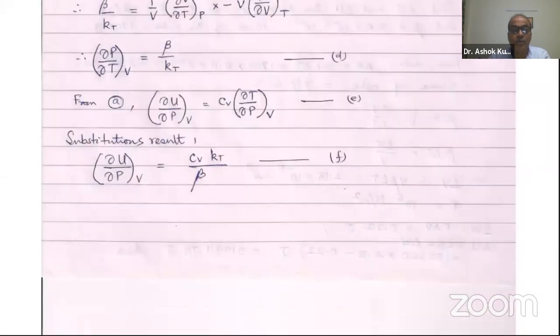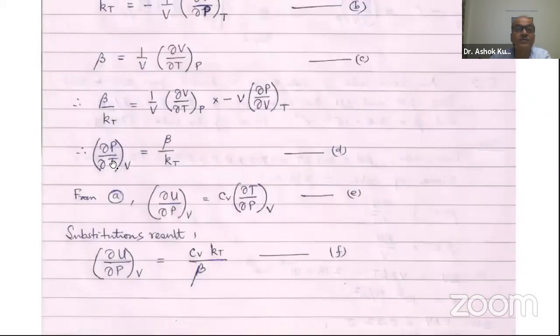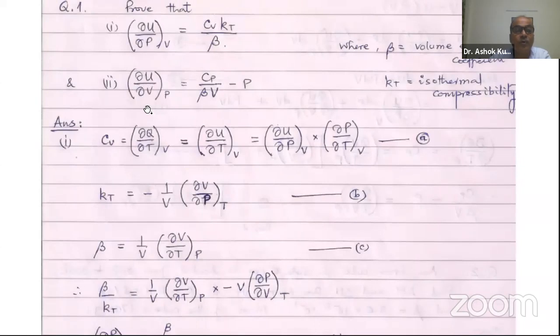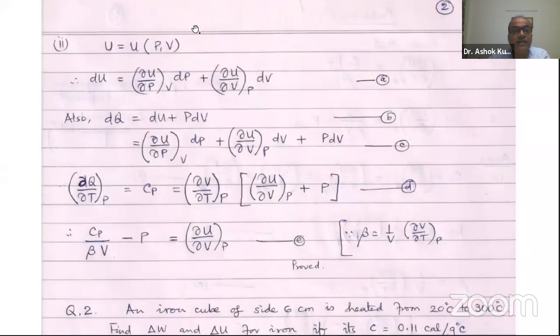This is one problem. Let us take another part. We have to prove that del U upon del V, the other energy equation, at constant pressure is Cp upon beta V minus P. Here, we know that the internal energy is a function of pressure and volume if the temperature is constant.